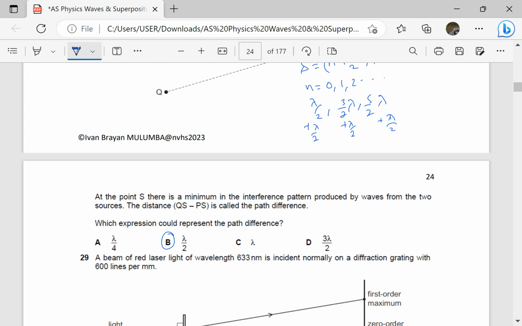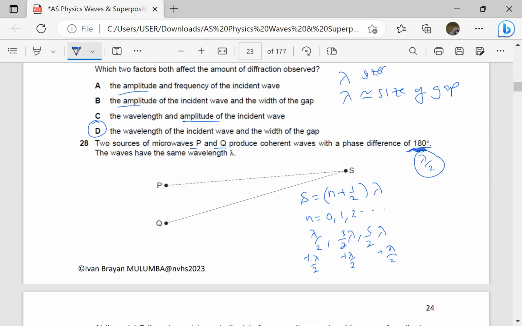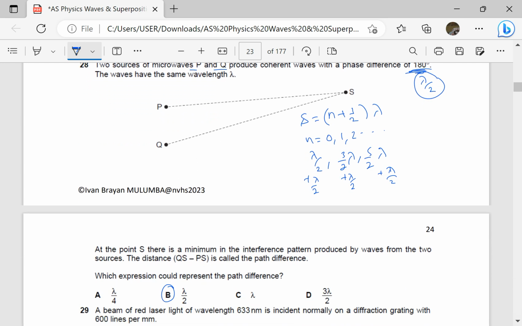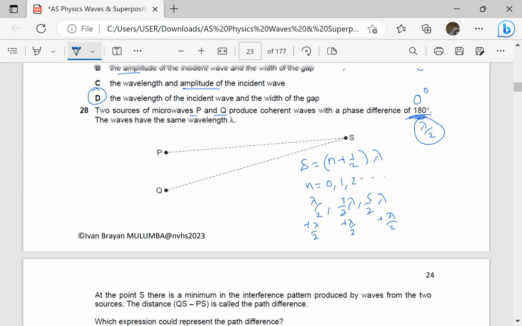lambda over 2. I am saying if they initially had a phase difference of 0, and there is a minimum at S, then we can simply say that the path difference is going to be lambda over 2. But because the phase difference of the sources themselves was 180 degrees, where we expect a maximum, we shall find a minimum. And where we expect a minimum, we shall actually find a maximum, for constructive and destructive interference.